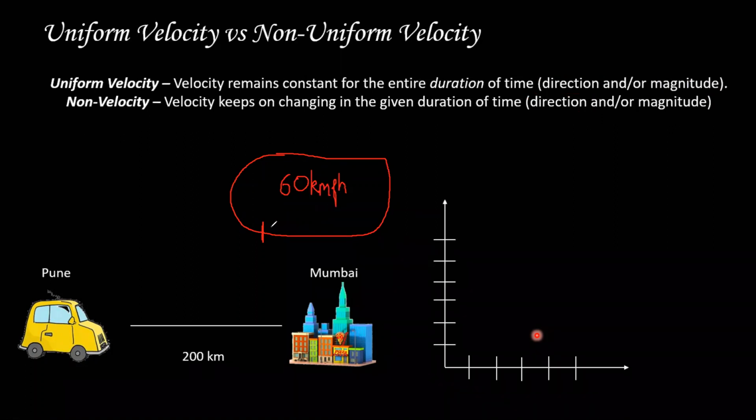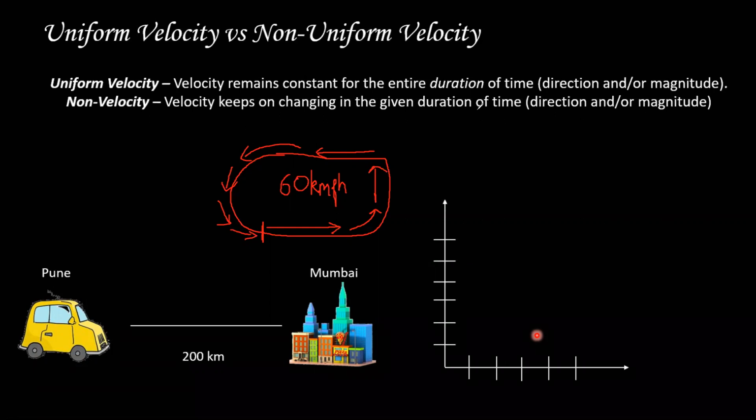But sometimes my car is going in a straight line like this, sometimes it is going like this, sometimes the direction is north, then the direction is like this, then the direction changes like this, then again it's like this. So folks, if my car is going on a track like this, the speed is constant, but the direction is changing. So I would say that the velocity is not uniform. The velocity is continuously changing with respect to time.